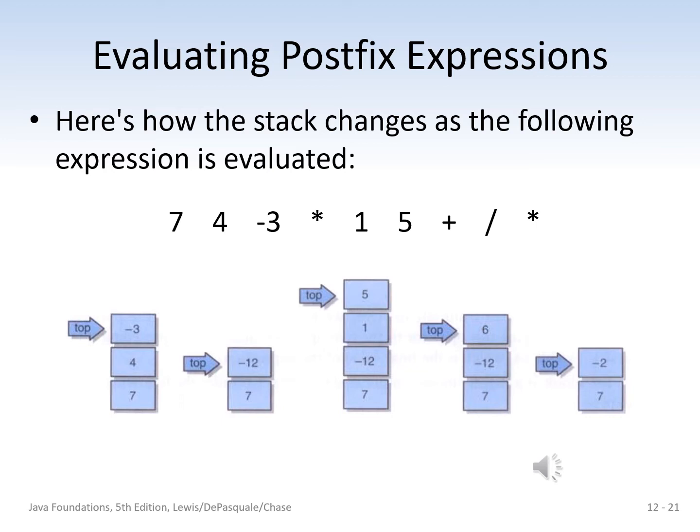We will divide the -12 by 6, and we will get 2. I'm sorry, -2. -2 gets pushed back on to the stack. Then we will hit a multiplication, -2 and 7, and that will yield -14, which should be the result left on the stack.